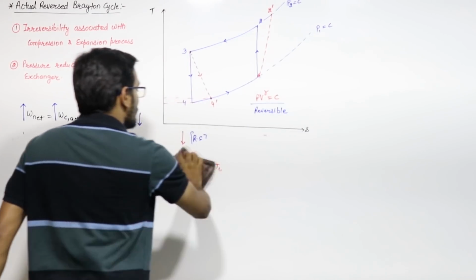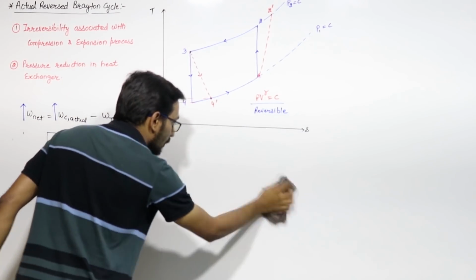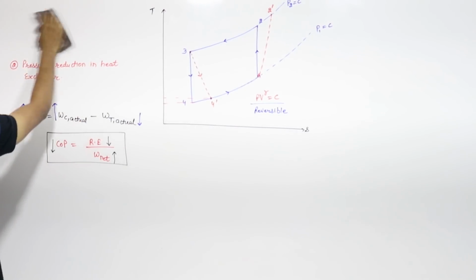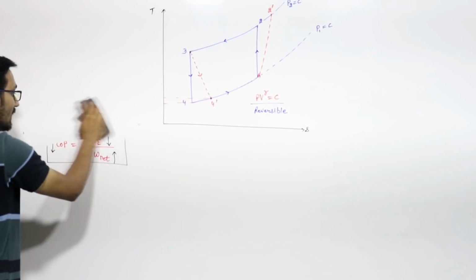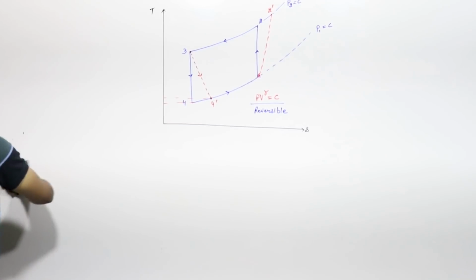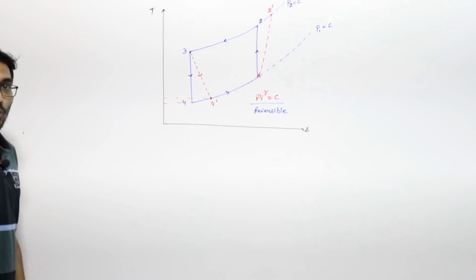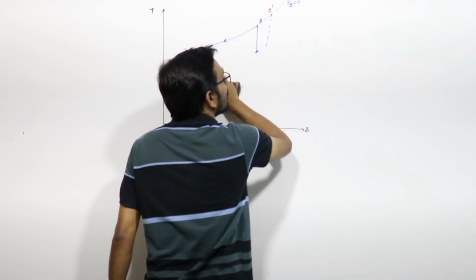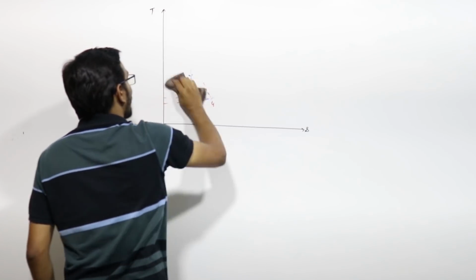Now, in some of the questions, you may get that the pressure in the heat exchanger is reducing. Now, how to deal with it? I am rubbing this, right? We'll again draw the diagrams.